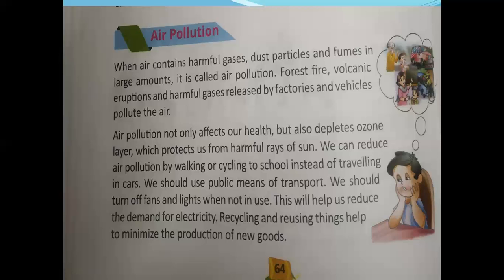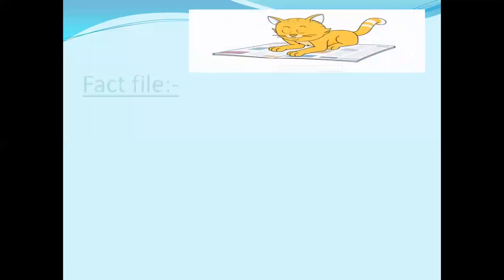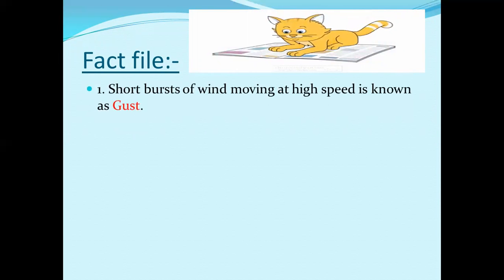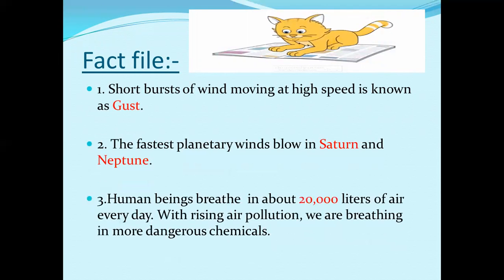Now next, here we have fact files, some facts which I want to share with you. A short burst of wind moving at high speed is known as a gust. The fastest planetary winds blow in Saturn and Neptune.